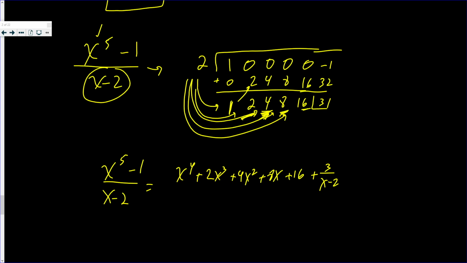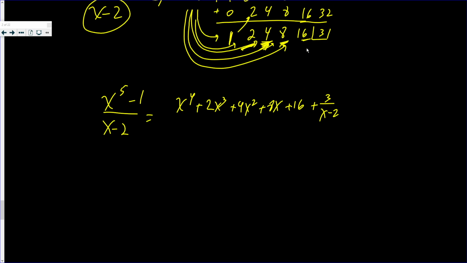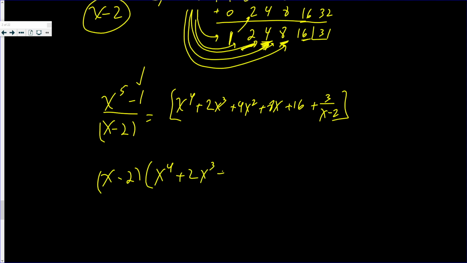And you can fairly easily check it. Remember, this times that should equal the numerator. x minus 2 times x to the 4th plus 2x cubed, etc.